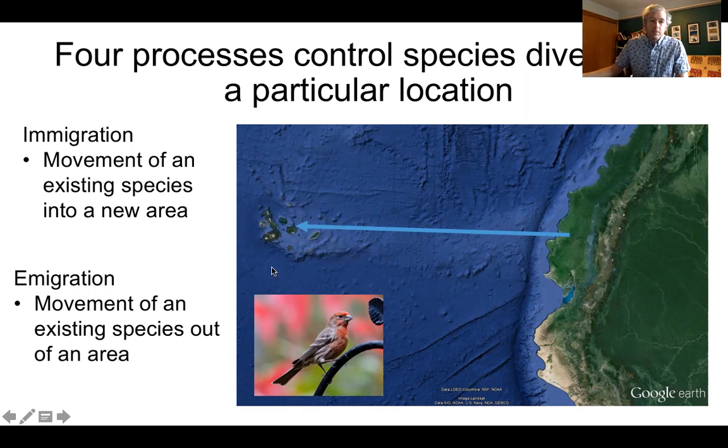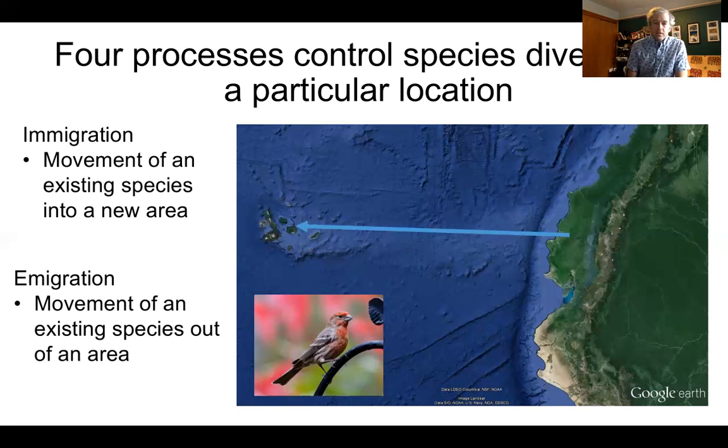So all of the animals and plants that live on the Galapagos Islands immigrated there, or at least their ancestors immigrated there. Usually they crossed 600 miles of ocean out here and they ended up on the volcanic Galapagos Islands. So this is an example of how immigration can increase species richness in a particular location.